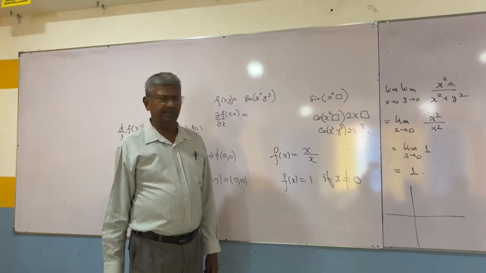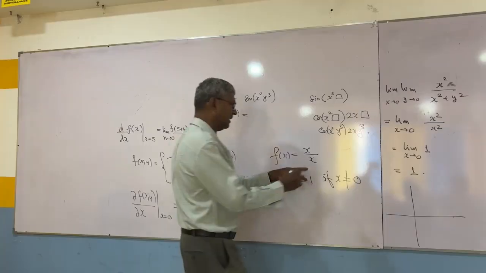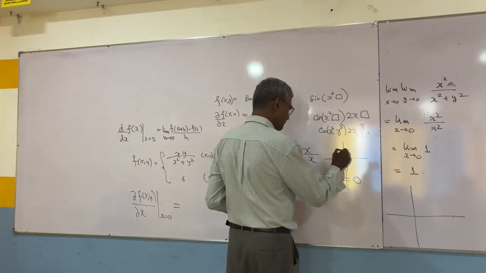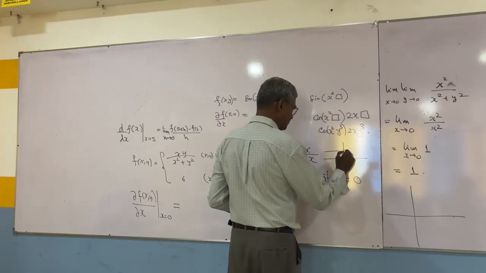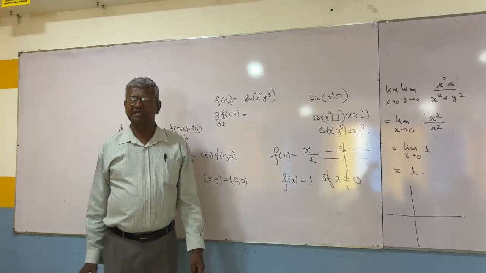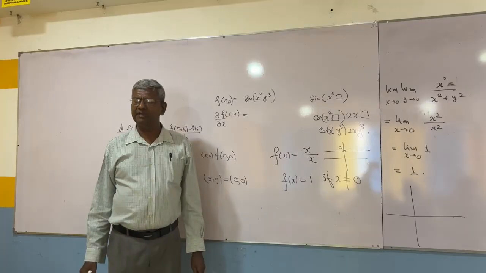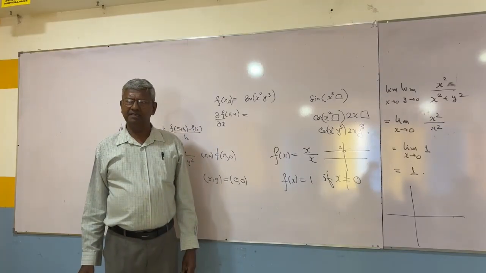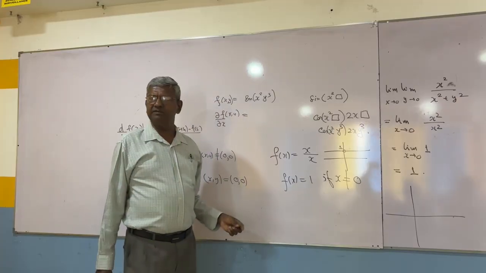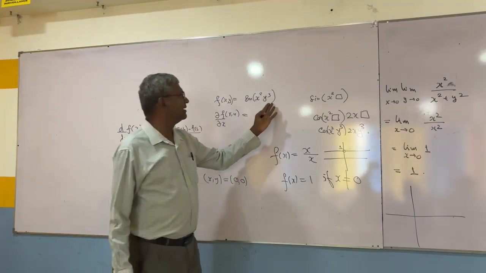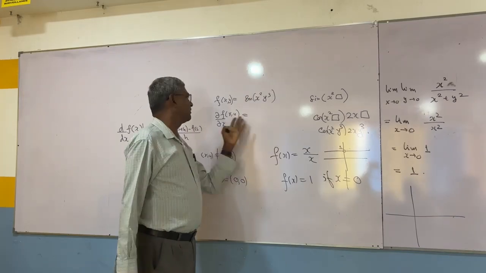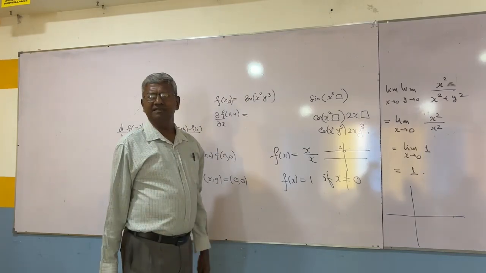If somebody asks you to draw the graph of x over x, there is nothing at the point 0, otherwise it is 1. At the point 0, it is not defined. So in a thing like this, you have to do it separately. But if you get this kind of nice formula, you just apply it.